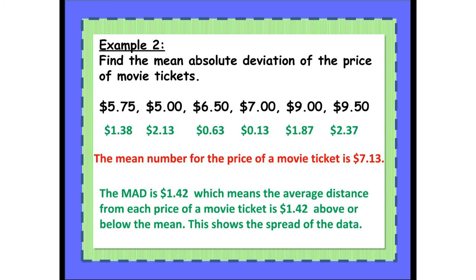So the MAD is $1.42, which means the average distance from each price of a movie ticket is $1.42 above or below the mean. This shows how spread out the data is. So if I were to place the mean on a number line, the majority of the prices are going to be within $1.42, either higher or lower.